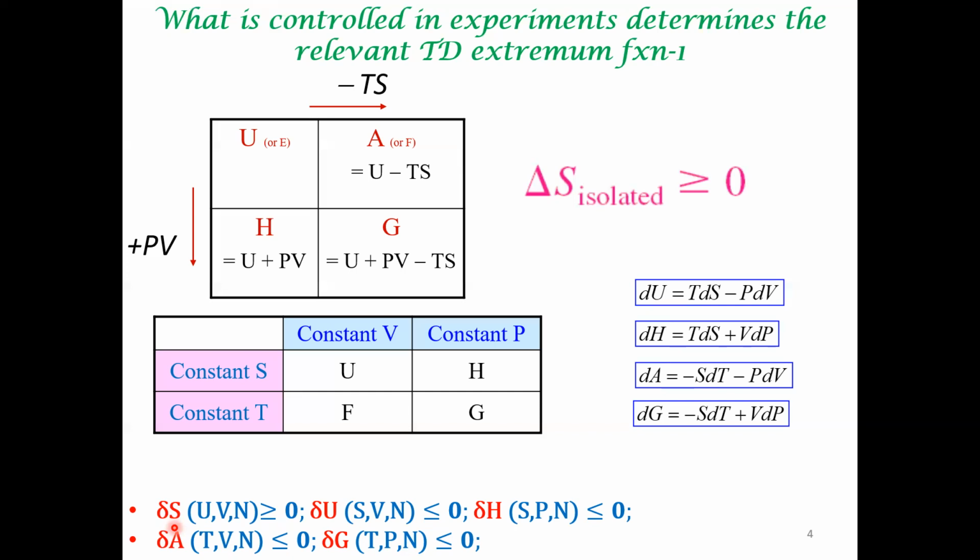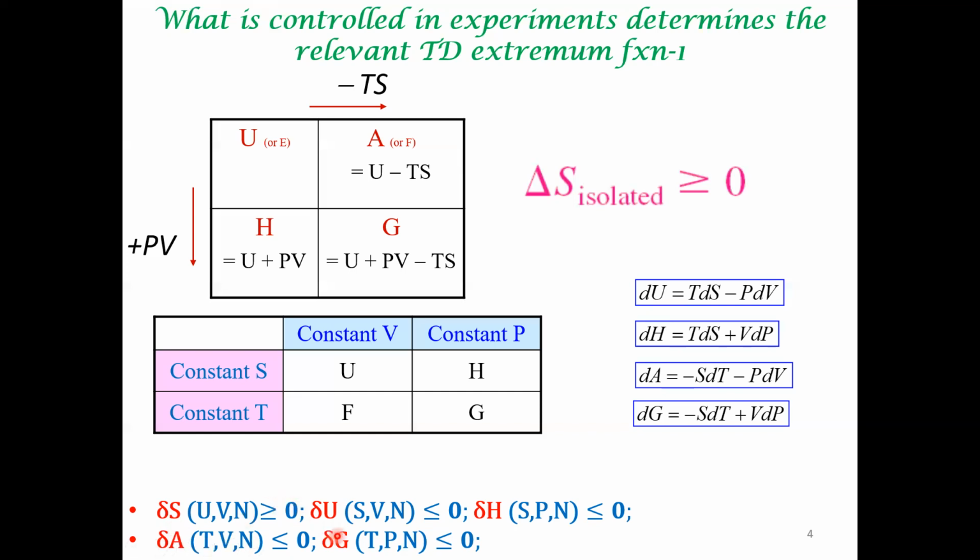So again, to re-emphasize what I stated in the previous slide, depending upon the different experimental condition, I choose the thermodynamic property that takes an extremal value. Therefore, I utilize that. I call that the natural thermodynamic function for describing the system.